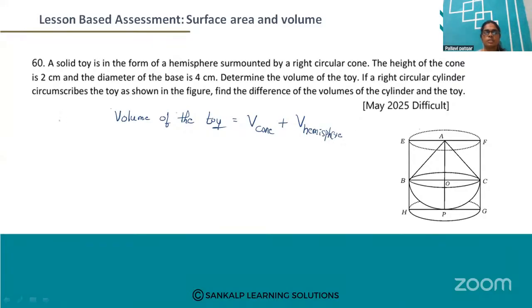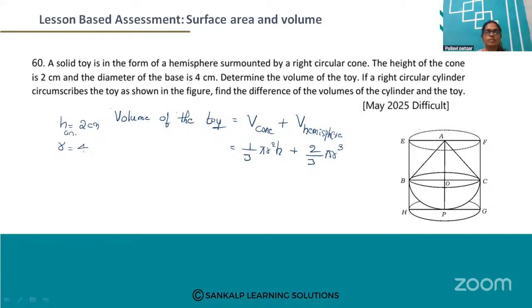So here the volume of the cone is 1/3 pi r square h plus the volume of the hemisphere is 2/3 pi r cube. Here the height of the cone is given as 2 centimeter and the diameter is given, d is 4 centimeter.